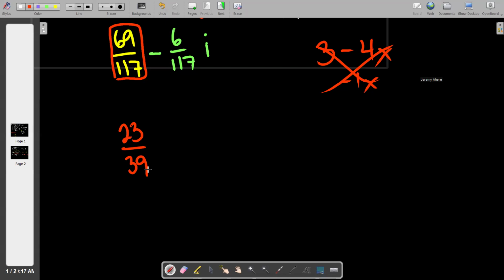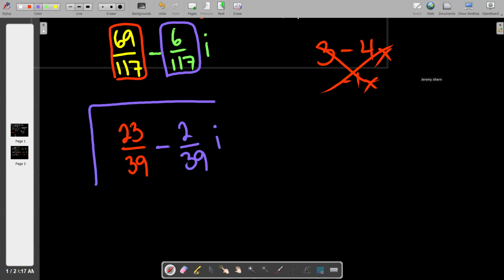And then the second fraction, I'll put a purple box around it. Those can also both be divided by 3, which results in minus 2/39 of i. This is what a proper final answer should look like. A plus bi.